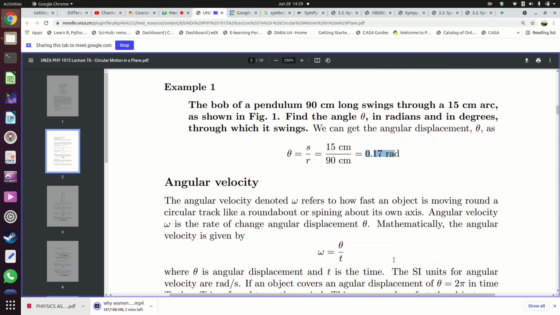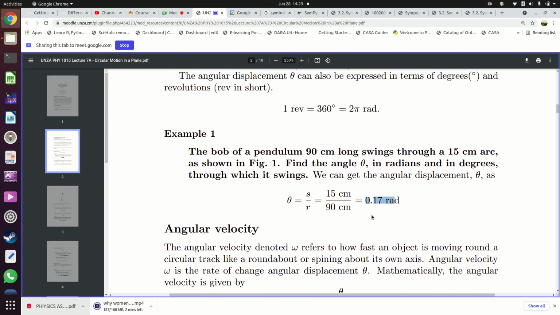Okay, so this relationship which you have here, this you have to know. This is theta, angular displacement in radians, but you can change it into degrees using this relationship. You can also change it into revolutions, how many revolutions you have, using this same relationship. 1 revolution is equal to 2 pi radians. 360 degrees is equal to 2 pi radians.